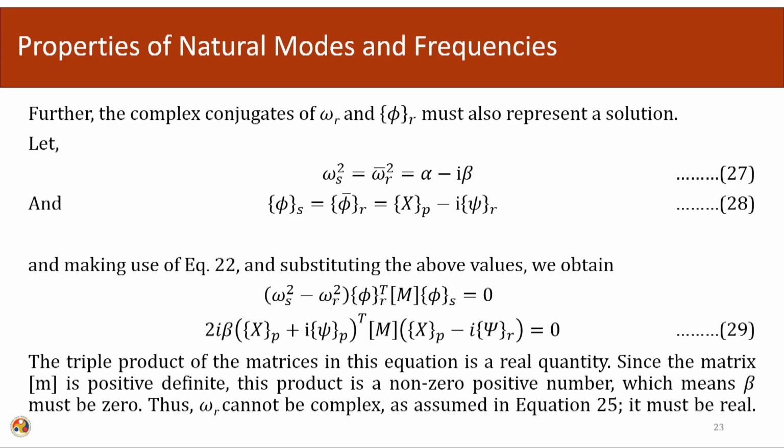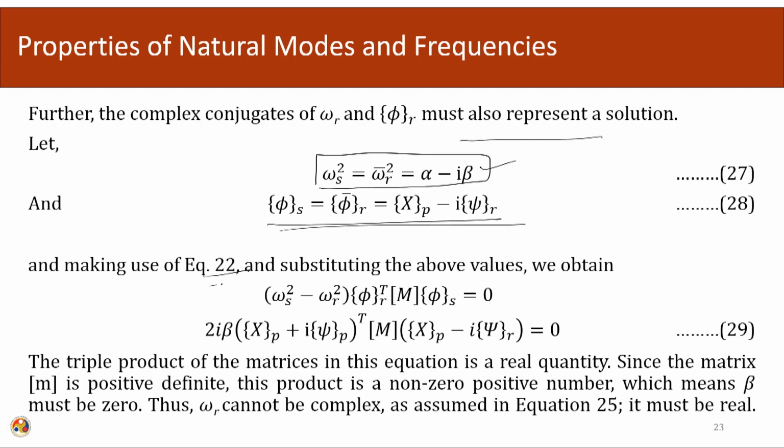The complex conjugate of omega r and phi r must also represent a solution. This is the expression for the complex conjugate for the frequencies, and this is the expression for the complex conjugate for the mode shapes.